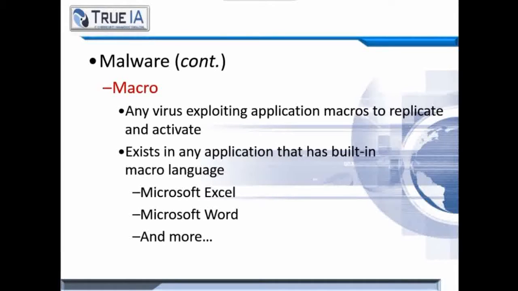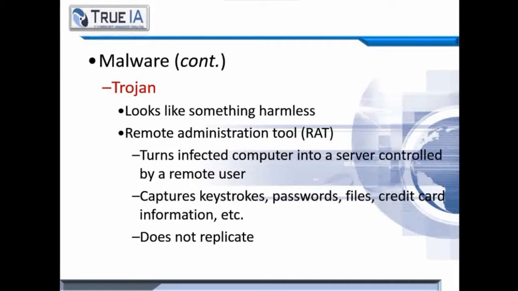The next type of malware that we look at is macros. A macro, the dictionary term, is any virus exploiting application macros to replicate and activate. It exists in everyday applications like Microsoft Excel and Access. Next, you have Trojans. Trojans are sneaky. They disguise themselves as something useful to get the user to download them.